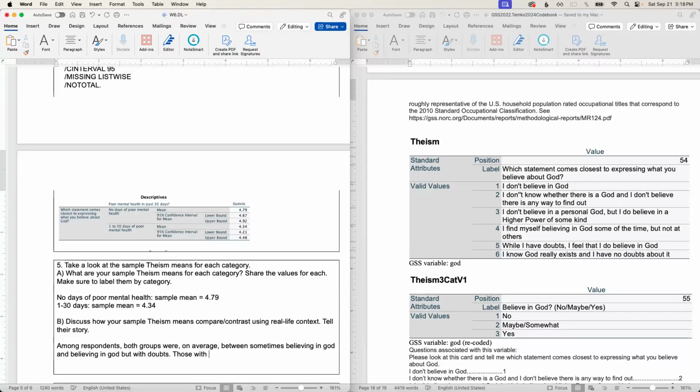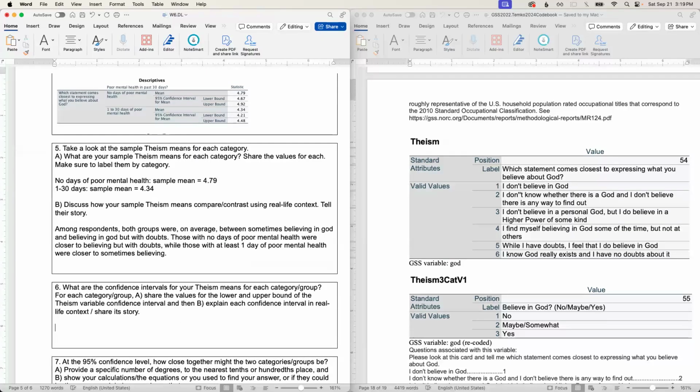Those with no days of poor mental health were a little higher, right? Closer to believing, but with doubts, while those with at least one day of poor mental health were closer to sometimes. Okay.